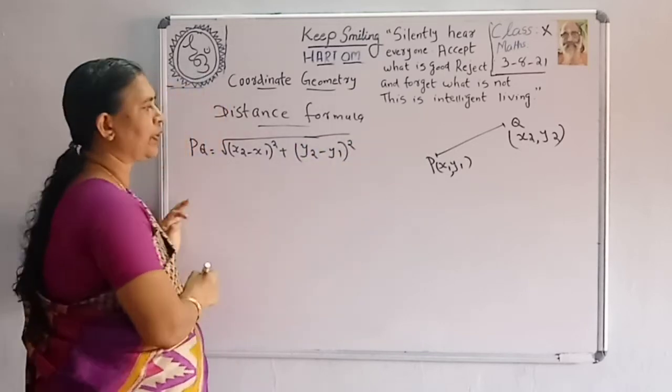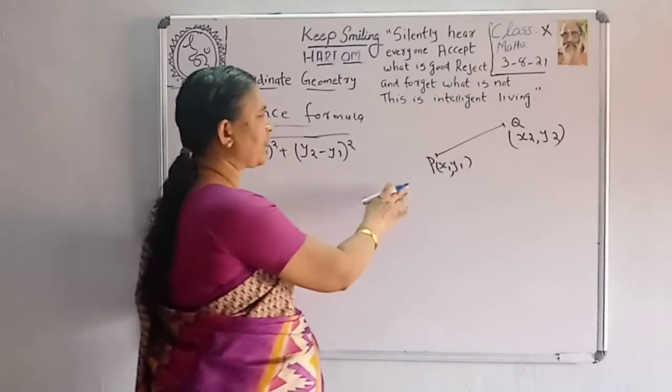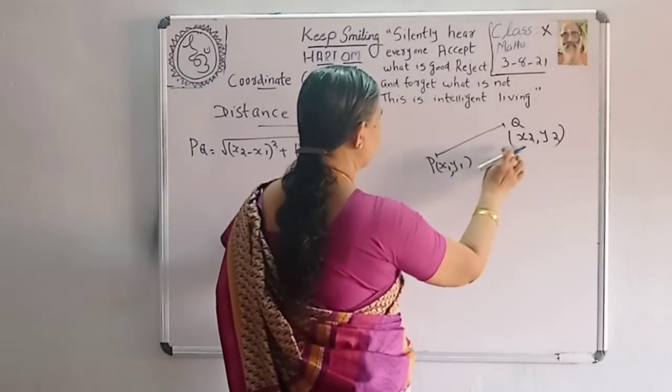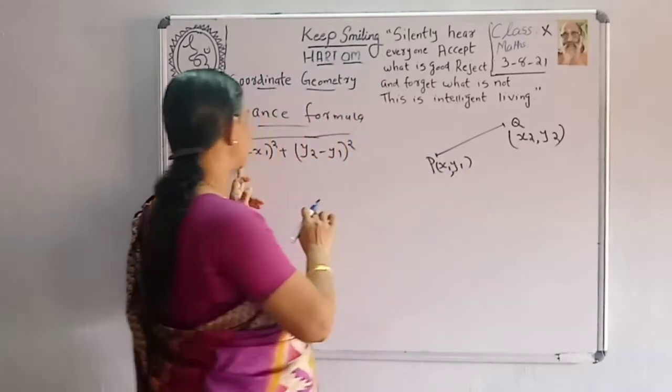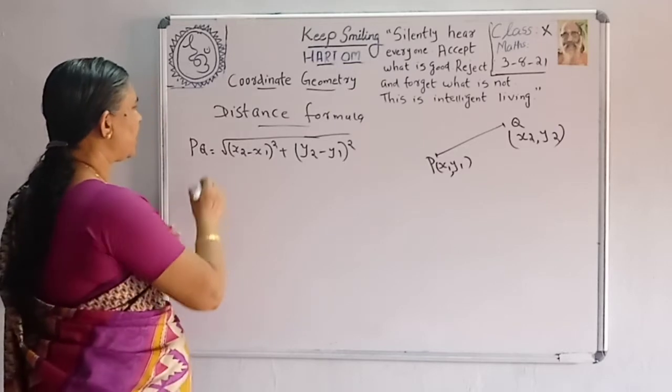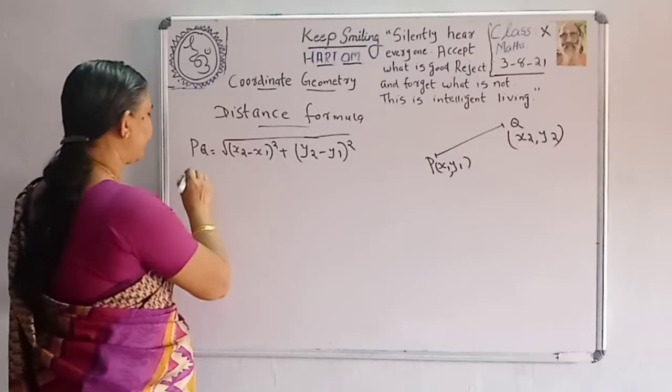So the distance between two points P(x1, y1) and Q(x2, y2): first we subtract the x coordinates, that is x2 minus x1 the whole square, plus y2 minus y1 the whole square. This is called the distance formula.